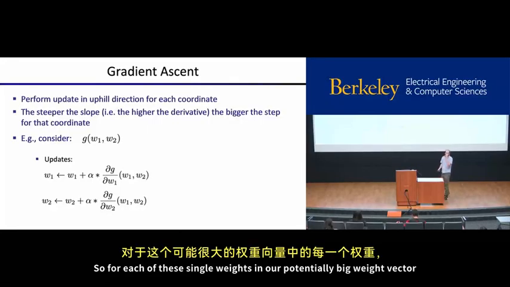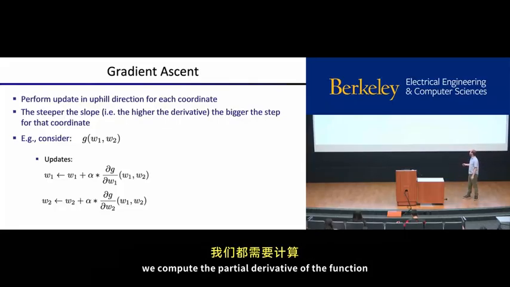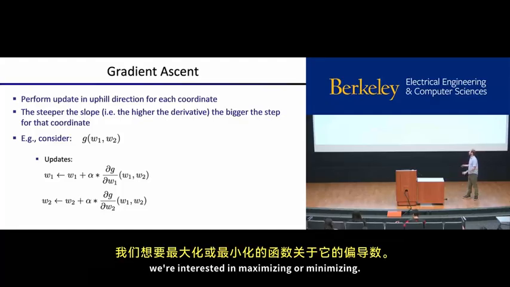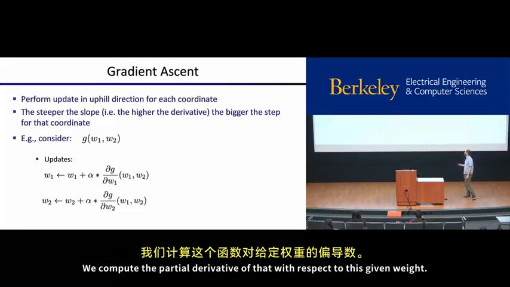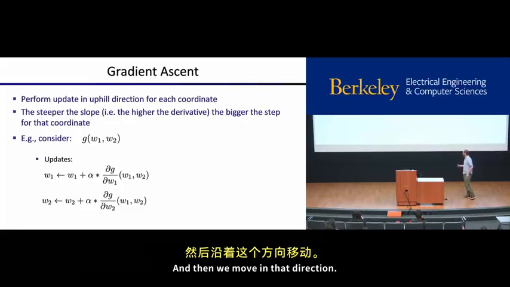So for each of these single weights in our potentially big weight vector, we compute the partial derivative of the function we're interested in maximizing or minimizing. So in this case, we'd have the log likelihood function of W here. We compute the partial derivative of that with respect to this given weight. And then we move in that direction.